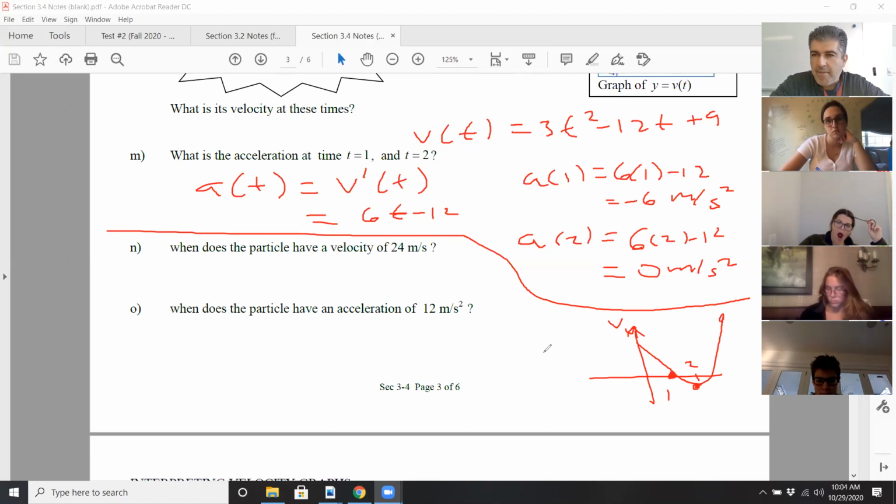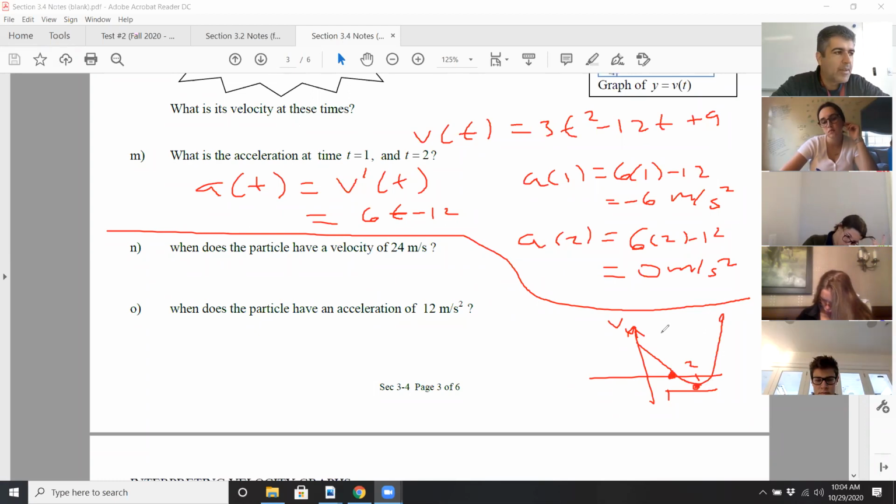So that's one way you can think of it from the velocity graph. The velocity is going down, decreasing at 1, so you need a negative acceleration. But the velocity doesn't change at 2 because the tangent line there is flat. Then it gets increasing again. Hopefully this will help enhance your understanding of the derivative and how the graphs of the derivative functions relate to each other.